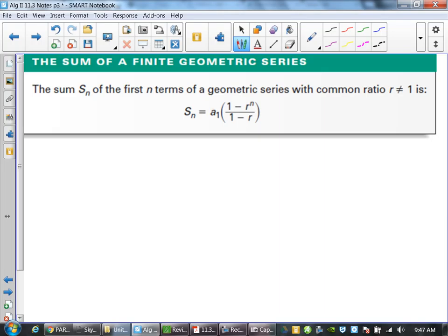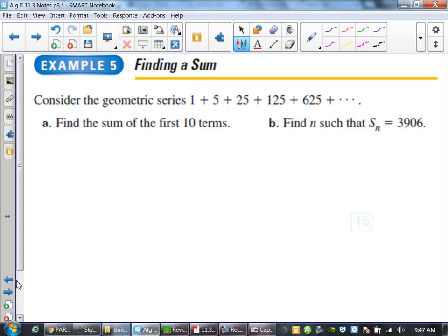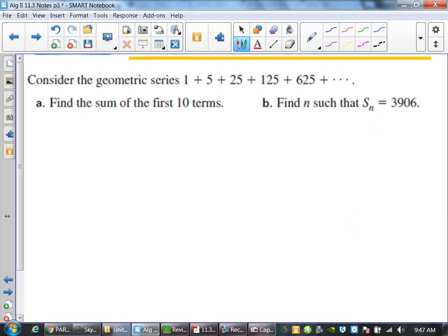So when we look at the sum, find the sum of the first 10 terms of 1, 5, 25, 125, 625, and so on. What's your rate? 5, right? Times 5, times 5. What's your first term? 1. So we start by writing out the rule. a sub n is our first term times the rate to the n minus 1.